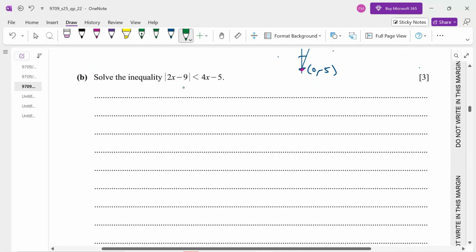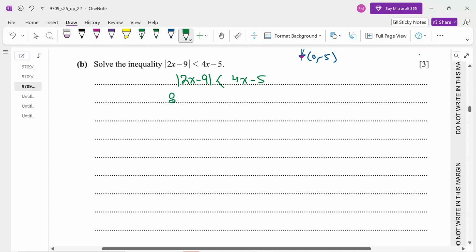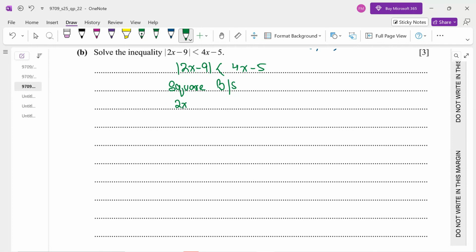Solve the inequality which says that the absolute value of 2x minus 9 is less than 4x minus 5. Taking the square of both sides, 2x minus 9 whole square is less than 4x minus 5 whole square.